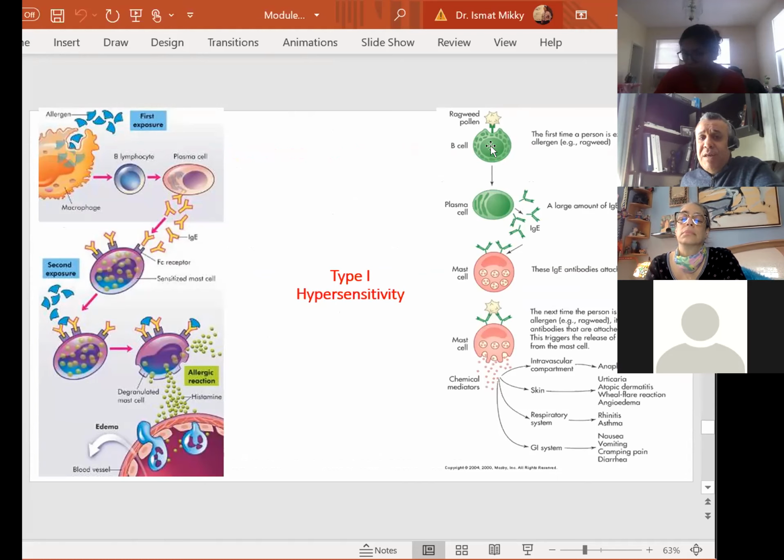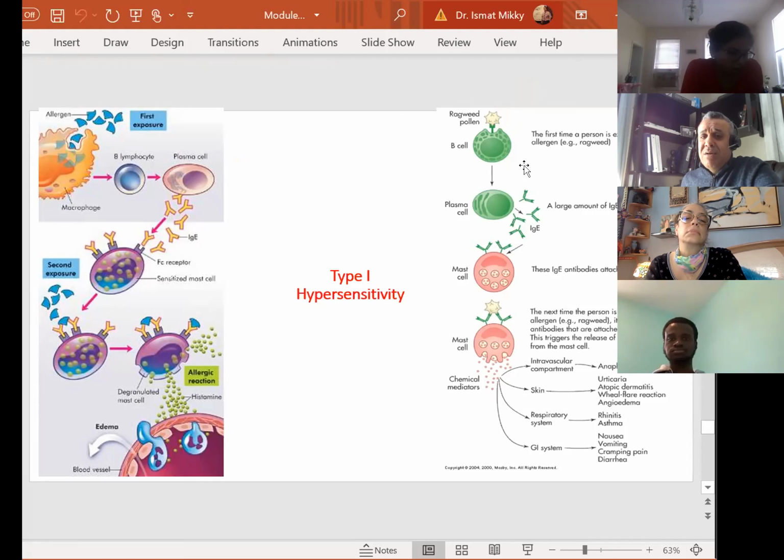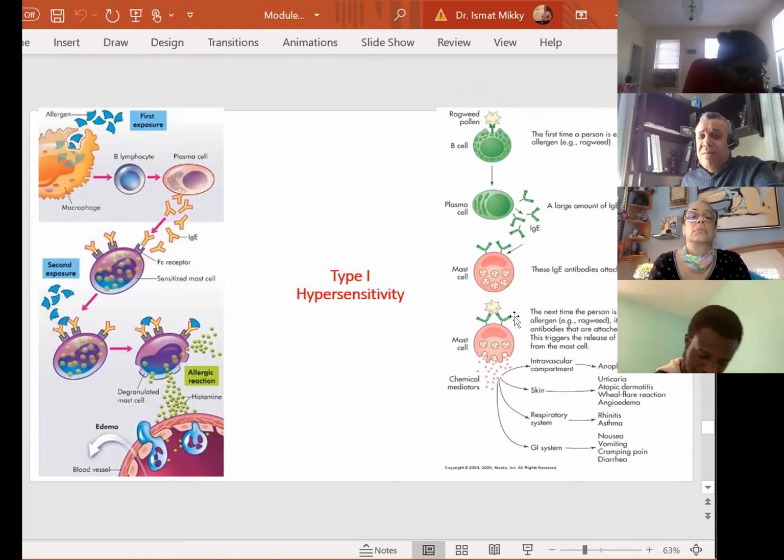The first time you will be exposed to the allergen, it can be any type of allergen, your immune system first will be sensitized to the allergen. And anytime right after this first exposure that your immune system is exposed to the same allergen, because it became sensitized, and I'll explain what we mean by sensitized, then your immune system will elicit the allergic reaction.